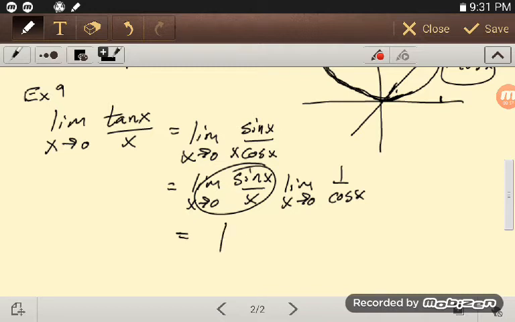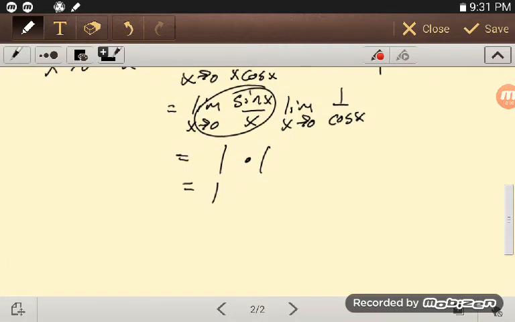So we get 1 from that one, and by direct substitution I get 1 over cosine of 0, but cosine of 0 is 1. I get 1 times 1, and that's 1.